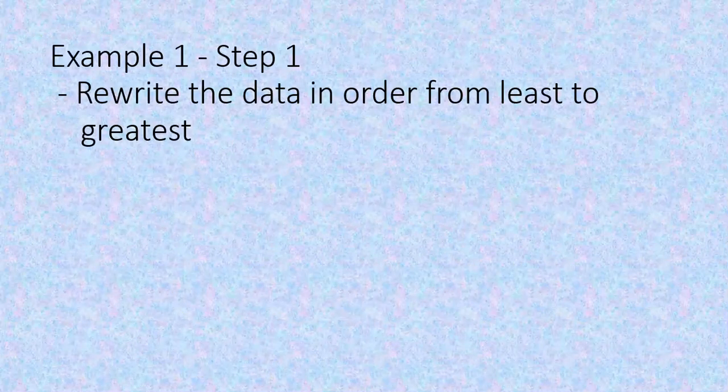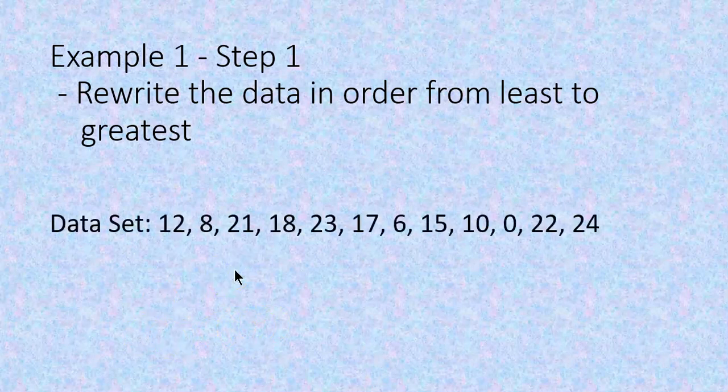So example 1, you're going to rewrite the data in order from least to greatest. So here's our data set. You have that on your sheet. Now we need to rewrite them in order from smallest to greatest.